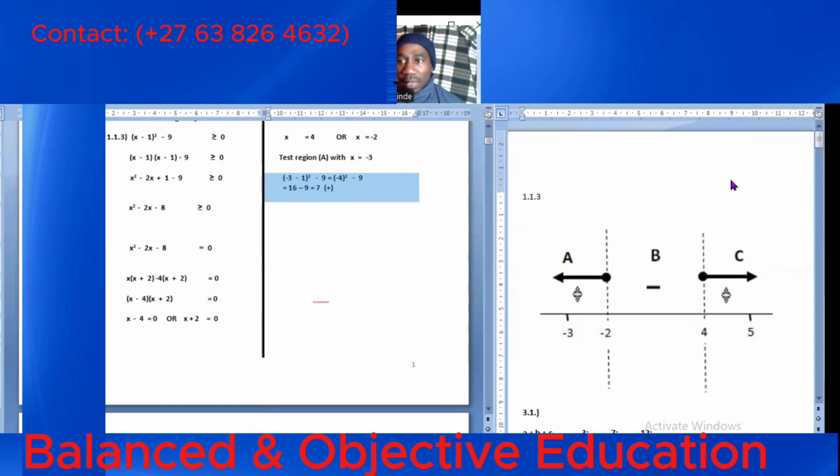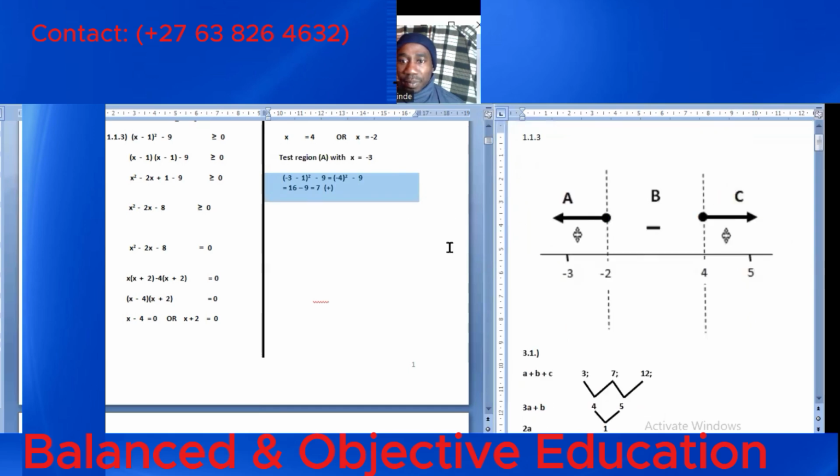Now, let's look at region B. Let's look at the sign we have in region B. And for region B, we'll be investigating with 0. So 0 is between -2 and +4. So I always tell my learners, when you are investigating this region, do not use the root exactly.